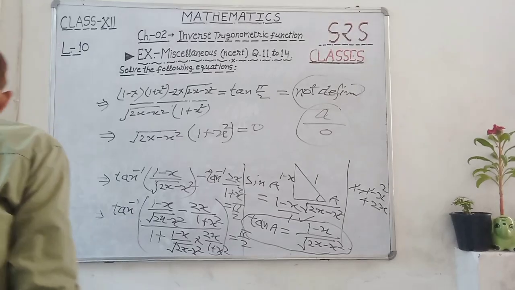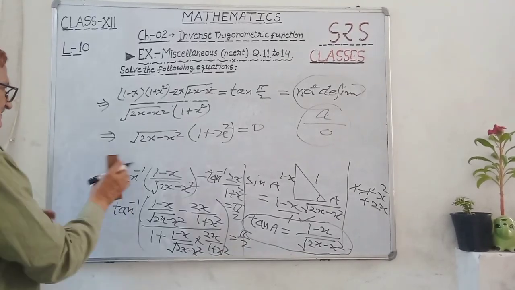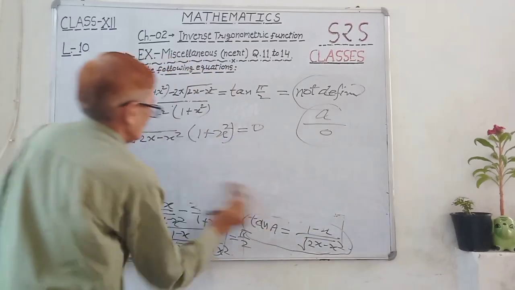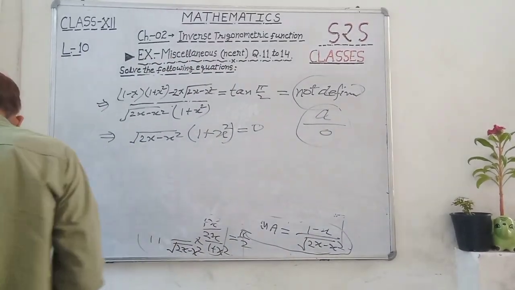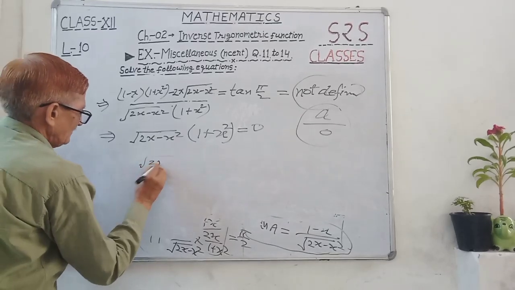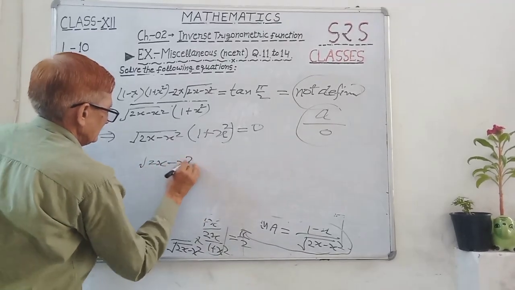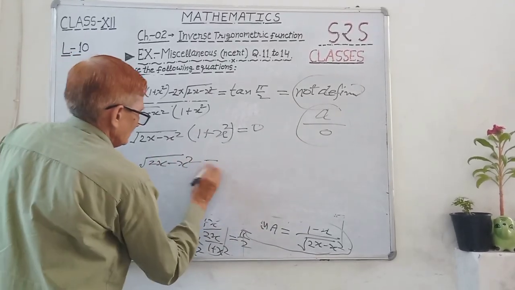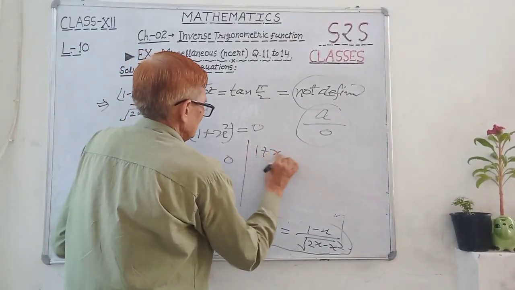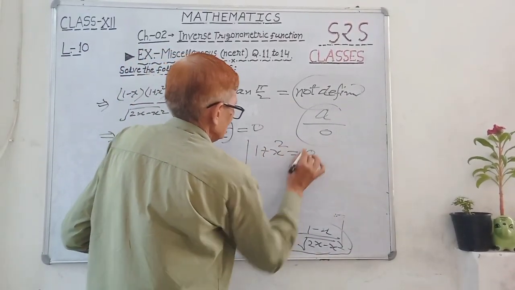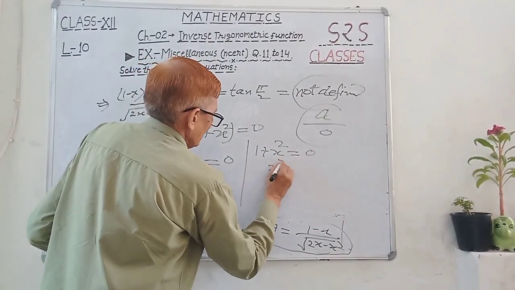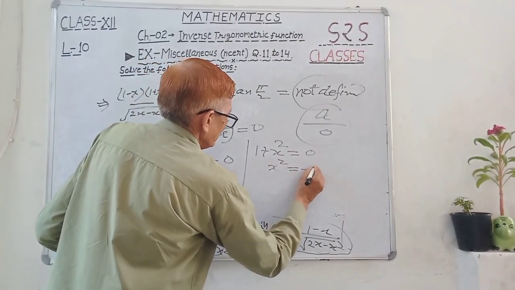Okay, see this. What will come if this is 0? It is a product, so each factor is 0. So root of 2x minus x square must be 0, or 1 plus x square equal to 0. If this, then x square is equal to minus 1.